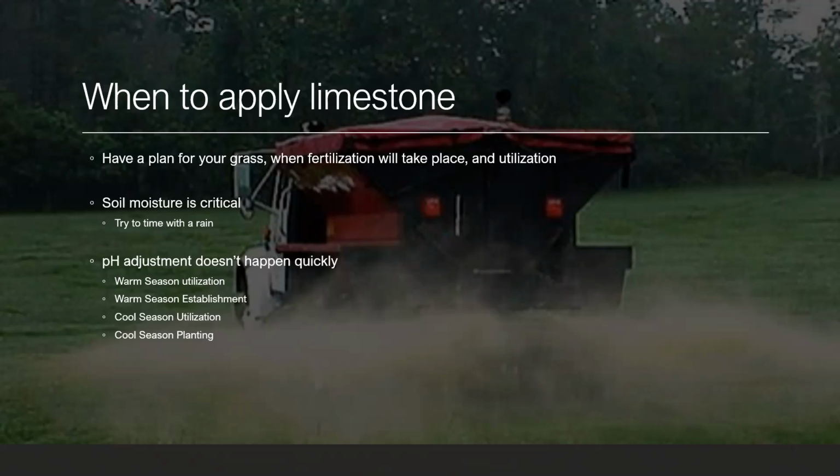We're in a time frame where our cool season annual grasses, such as the ryegrass that may be growing voluntarily on your place, or if you planted cool season annual grasses or cool season legumes on your place, whether it be wheat, oats, ryegrass, cereal rye, triticale, any of the clovers, vetch you may have planted back during the fall months, we've moved into an actively growing state of those, which takes us into a utilization period.